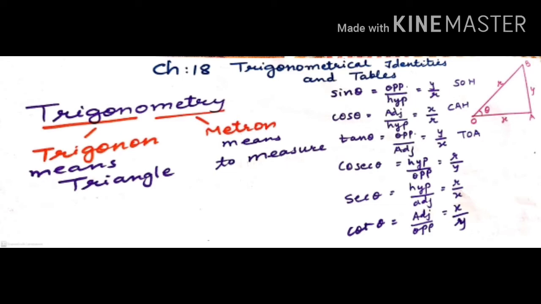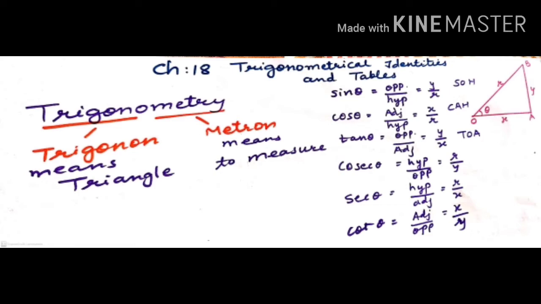You all have studied last year theta, that is again a Greek symbol which we use to show our angle. And I have written side OA as x, side AB as y and side OB as r. Okay, now last year we have studied some ratios, that is sine theta.